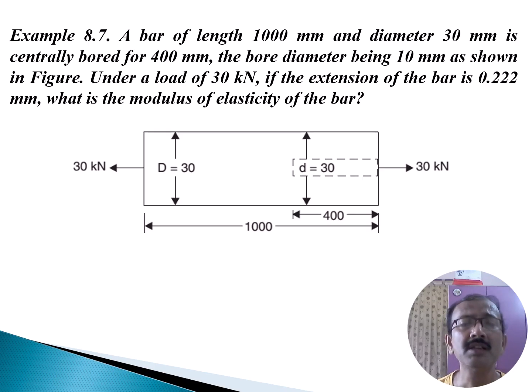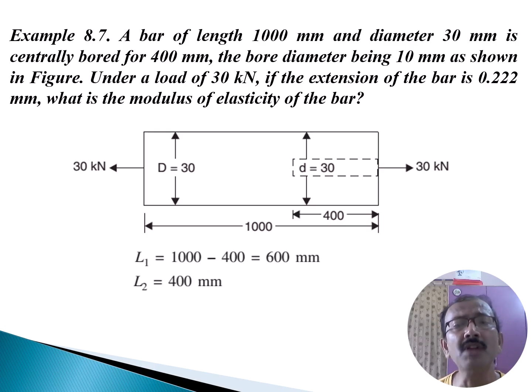That means here we have to calculate E. Initially the length is 1000 minus 400, where 400 is the bore length. So L1 should be 600 and L2 equals 400 mm.